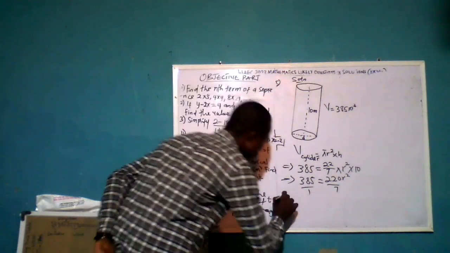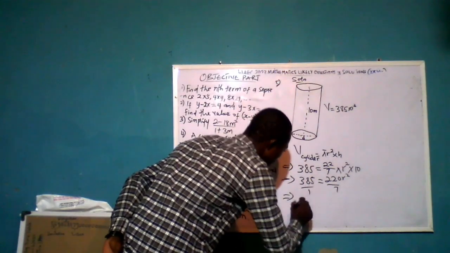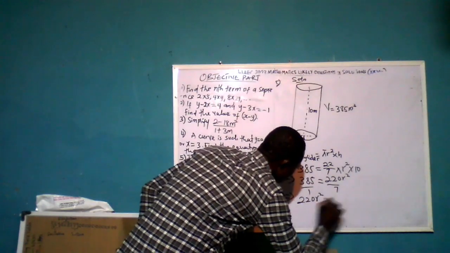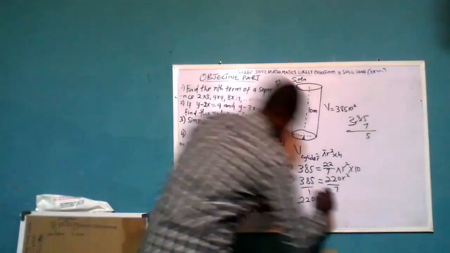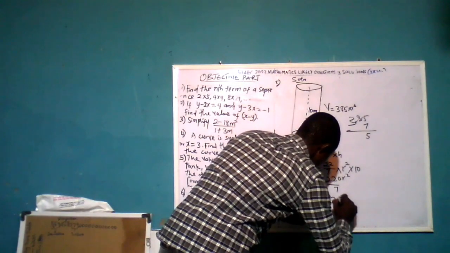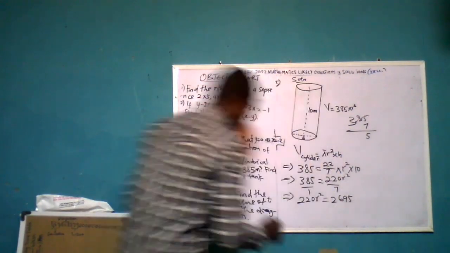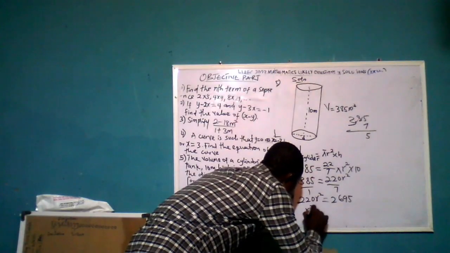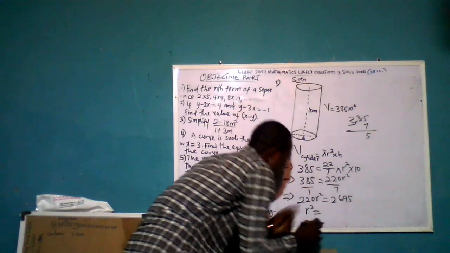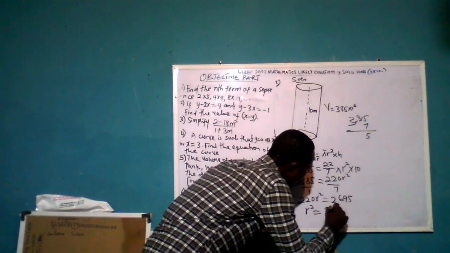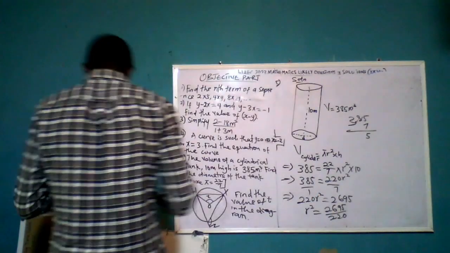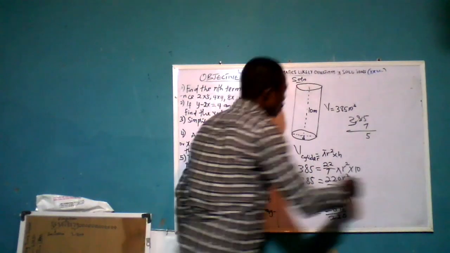So you cross multiply, and if you multiply this, that gives you 2695. You make r squared the subject by dividing both sides by 220, and you have 2695 all over 220, which is 12.25.